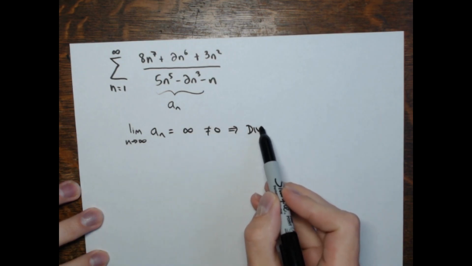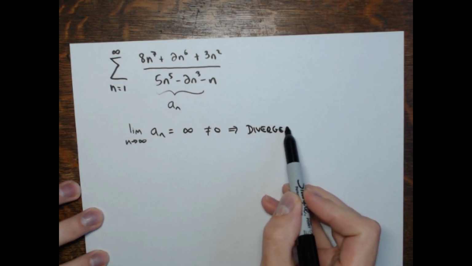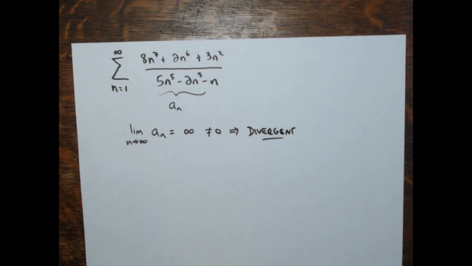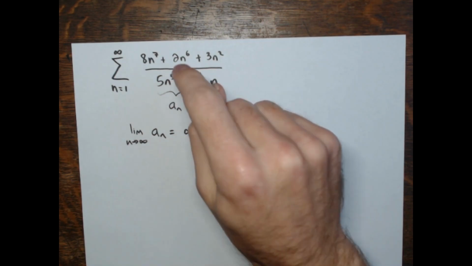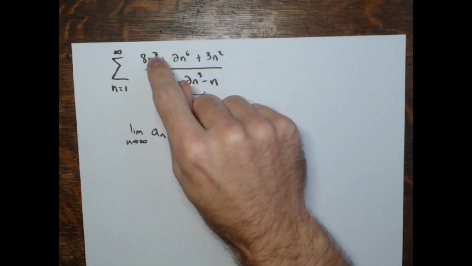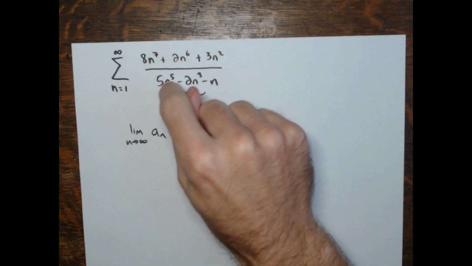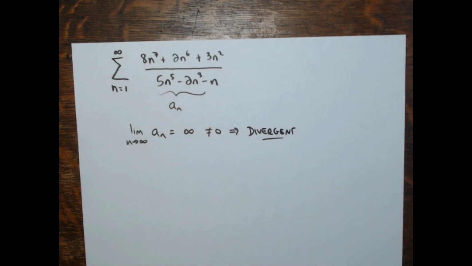So this is divergent. I mean, I don't like that they're saying use a comparison test. The terms of this sum aren't even going to 0. Right, this is like having 8n to the 7th over 5n to the 5th, which would be like 8n squared, which would blow up, get huge. So the terms of this sum aren't even going to 0.